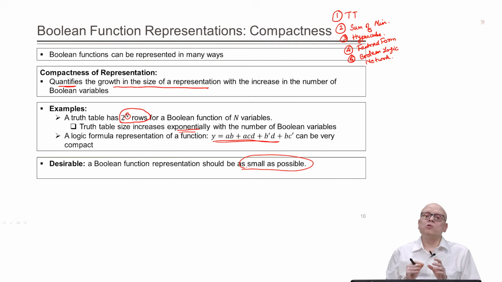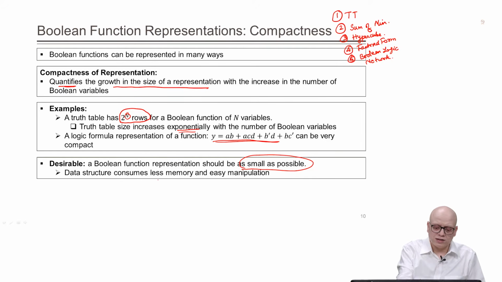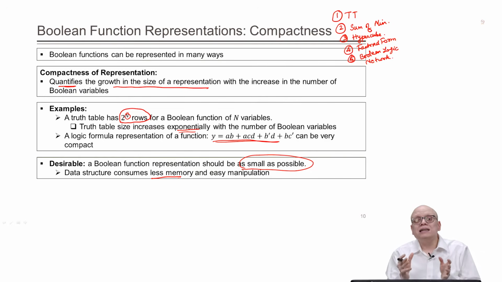Because if a Boolean function is very compact, then we can represent it in a computer as a data structure, and the size of that data structure will be smaller, and therefore, it will consume less memory, and also it will probably be easier to manipulate those Boolean functions. So, ideally we want our Boolean function representation to be as compact as possible.